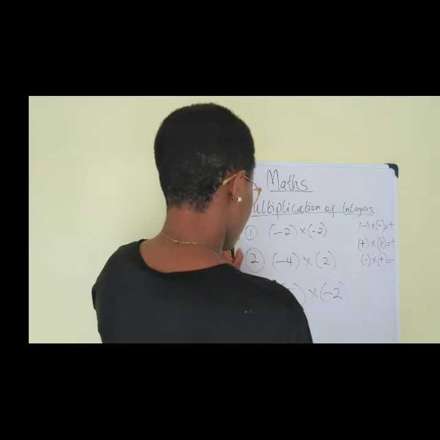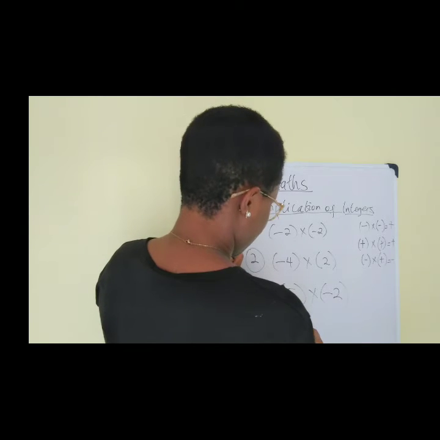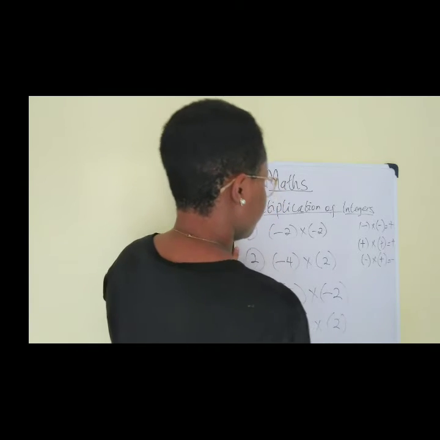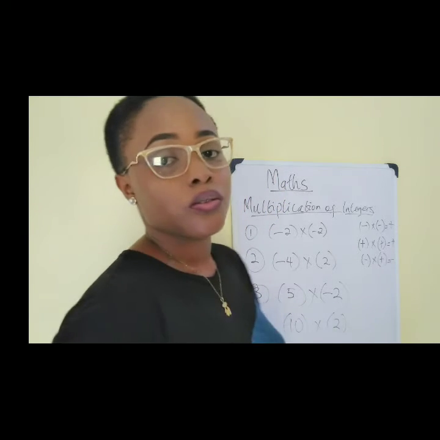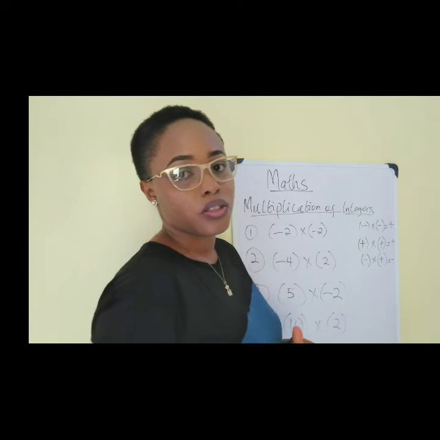And the fourth one is a positive 10 multiplying a positive 2. So go ahead and pause the video and see if you can get the answers to this question.